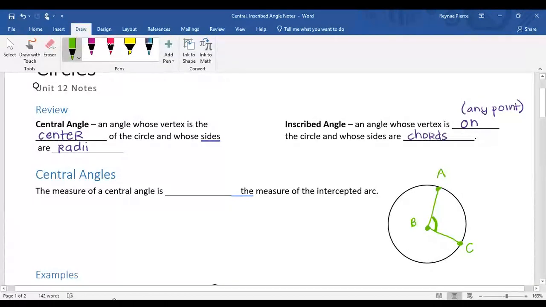And the measure of a central angle, the number of degrees, is equal to the measure of its intercepted arc. In this case, the intercepted arc here is arc AC.